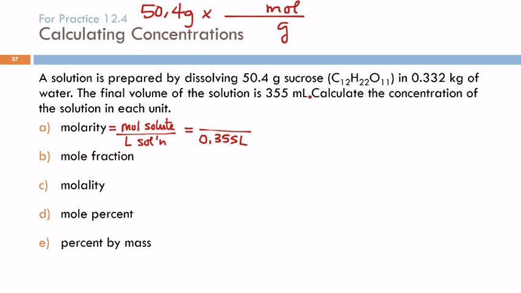This gives me 342.3 grams, so 1 mole of sucrose weighs 342.3 grams. So I've got 50.4 grams, and I divide by 342.3. That equals 0.147, there's my 3 sig figs, and I'm going to carry 2 extras to 4 moles of sucrose.